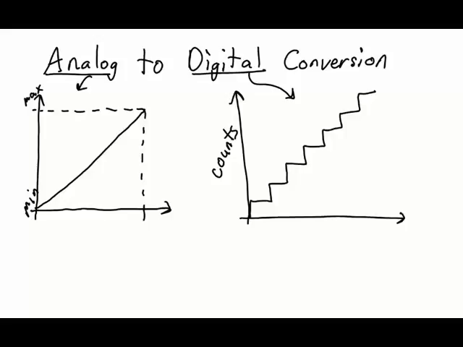Because the y-axis is counts, it cannot hold a value that is not an integer. In other words, the value from a digital sensor can only be 0, 1, 2, 3, etc. We could represent the value from a digital sensor as a bit string, because a string of bits can hold an integer value.